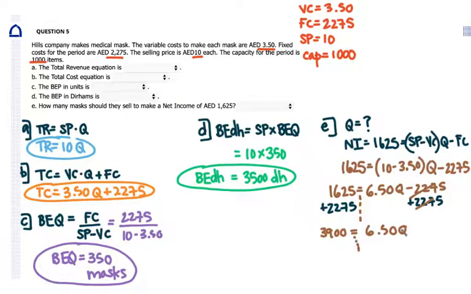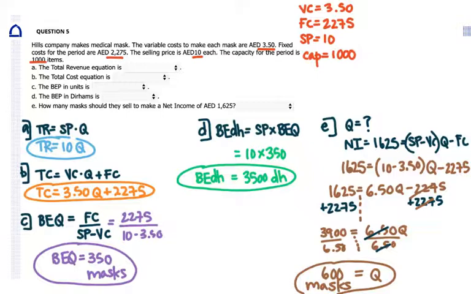Again, I want to isolate Q, solve for Q. So I'll divide both sides by 6.50, in which case I will get a final quantity of 600 masks. So if I want to make that profit of 1,625, then I better sell 600 masks. Okay, that was lesson 5.2.